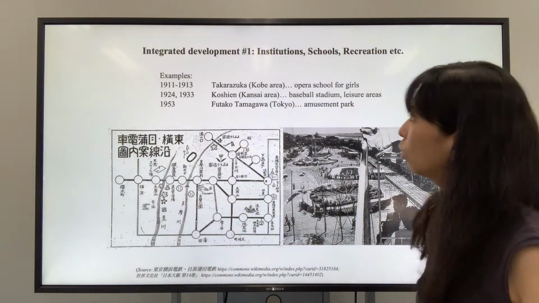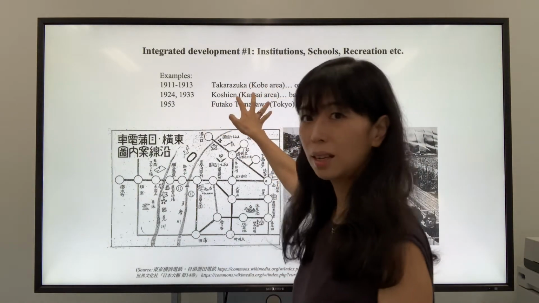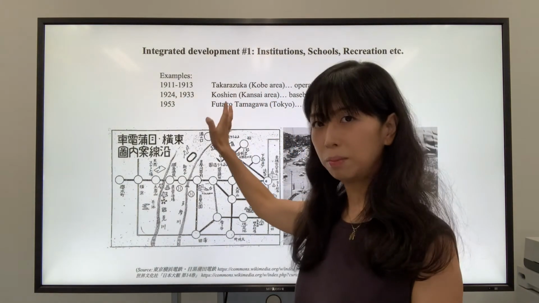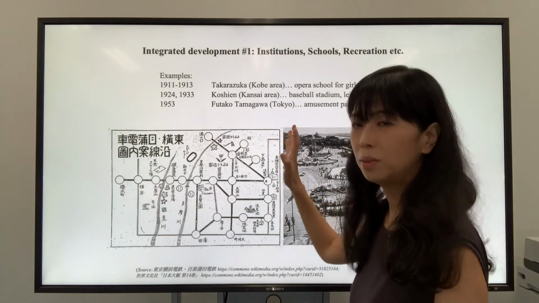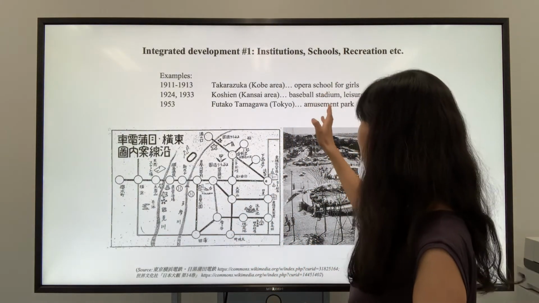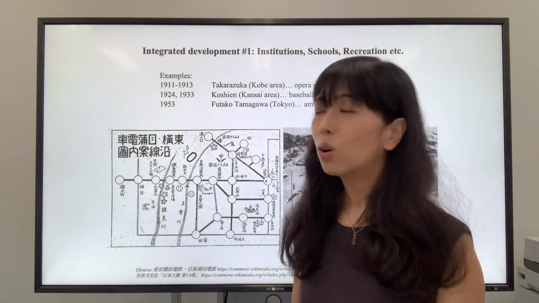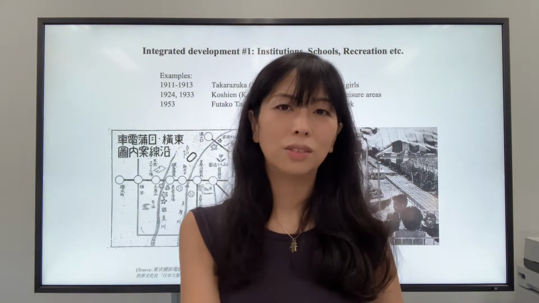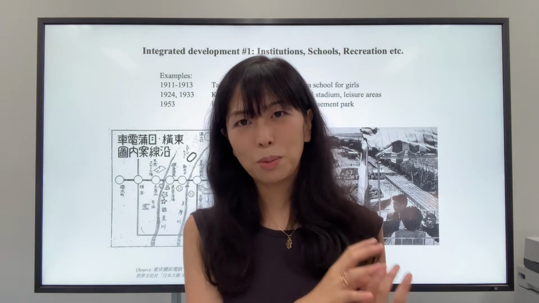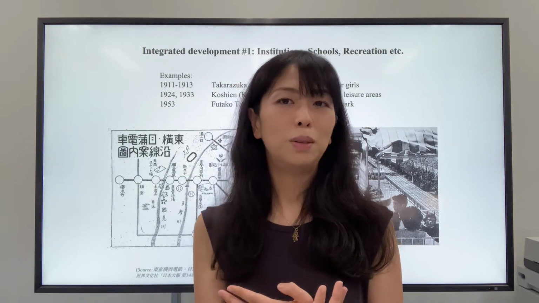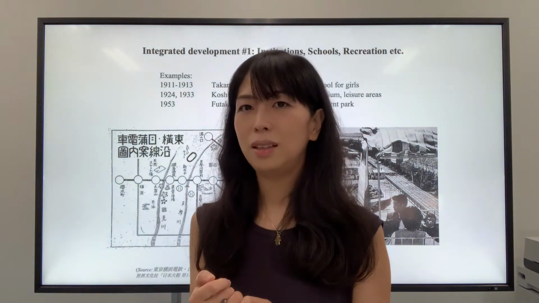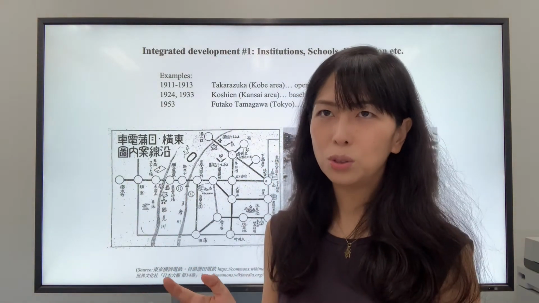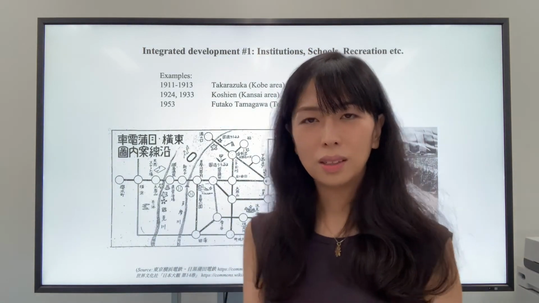Another one is Koshien, which is also in the Kansai area near Kobe. Koshien is famous for the baseball stadium and leisure activities. Again, it is not situated in the center, but towards the suburban area, so the flow of people will change. These baseball or leisure activities typically happen during weekends or holiday seasons.